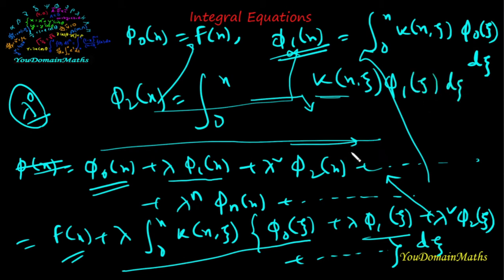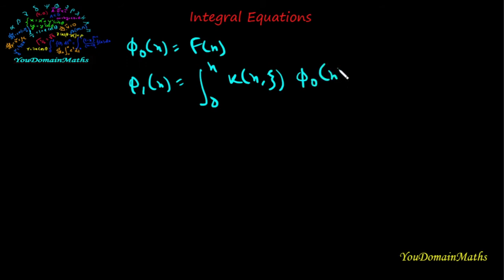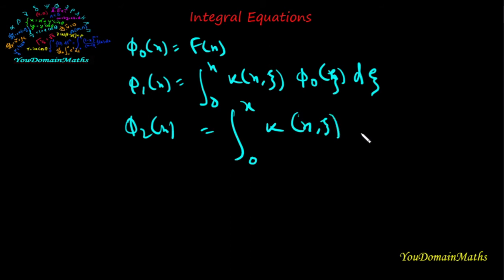So now I will write all the findings. Phi naught of x equals f of x, and phi 1 of x equals the integral from 0 to x of kernel x comma xi phi naught of xi d xi, and phi 2 of x equals the integral from 0 to x of kernel x comma xi phi 1 of xi d xi.